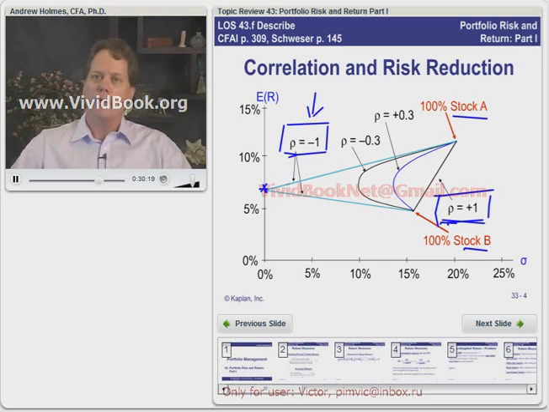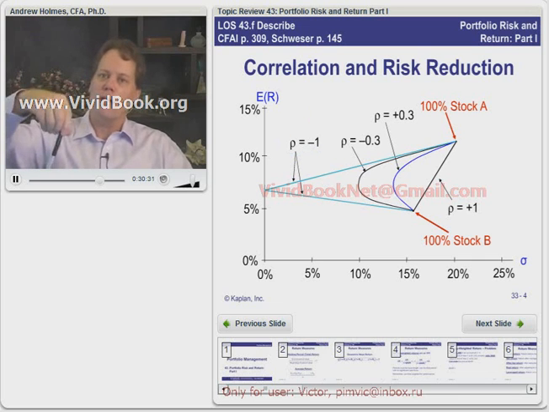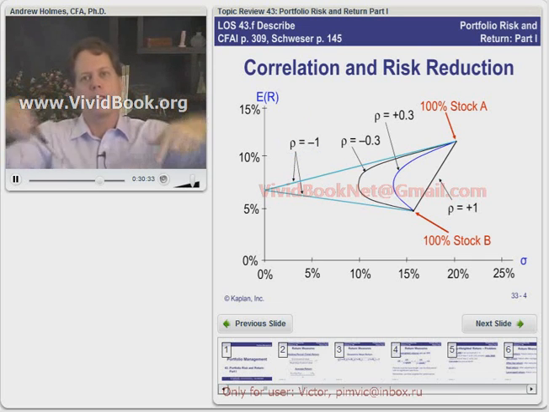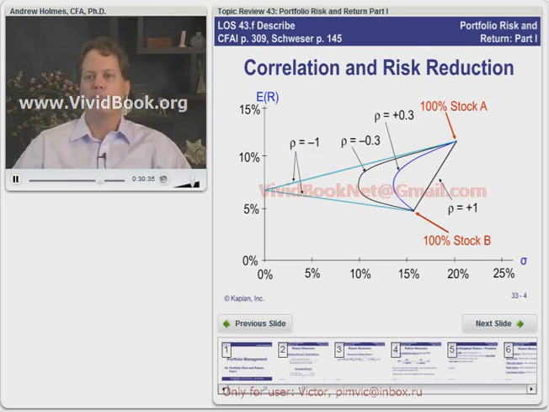What we want to do is build portfolios that take advantage of this. If it doesn't impact return, but it does reduce risk, well, that looks like a free lunch to me. All right? So the idea here, correlation and risk reduction: the lower the correlation, the lower the standard deviation of the portfolio.